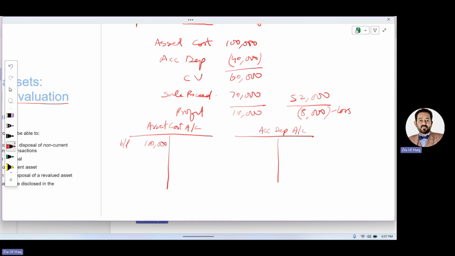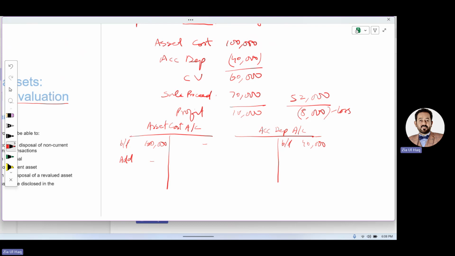Accumulated depreciation always has a credit balance, so its brought down balance will be 40,000. Its nature is credit. If we add any asset during the year, we record the addition here. But if we are disposing of or selling any asset, that will be recorded here, on the credit side.